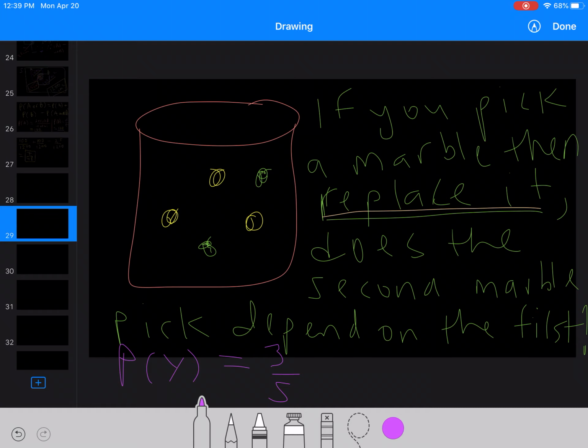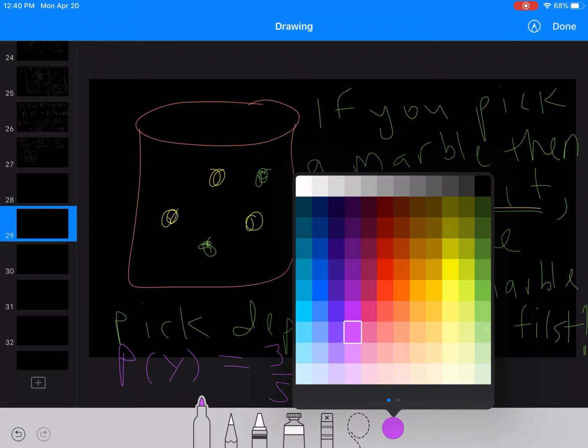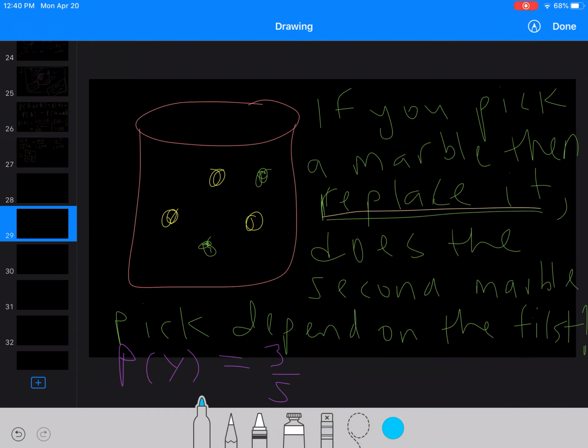So if we put the yellow one back in there, there are still going to be 5 marbles in the bag with the same ratio of yellow to green. So the probability of selecting a green, if you put it back in there, would not be affected. However, if you did not replace, the probabilities would be totally different. Okay, so this would be an independent probability. So this would be known as independent.